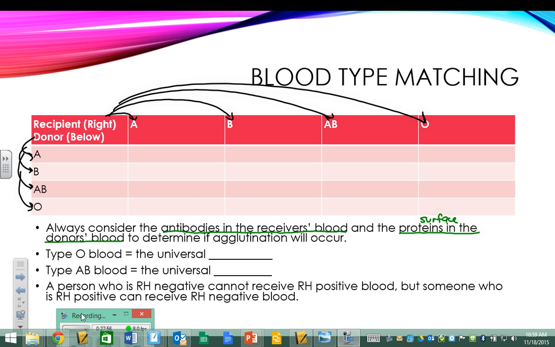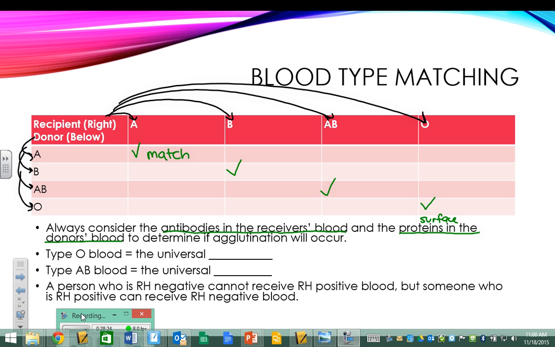So the first thing that you should know is if you have type A, of course, you can give blood to someone else who is type A. B can give to type B, AB can give to AB, and O can give to O. So it's a match. Anytime I put a check mark, it's a match.